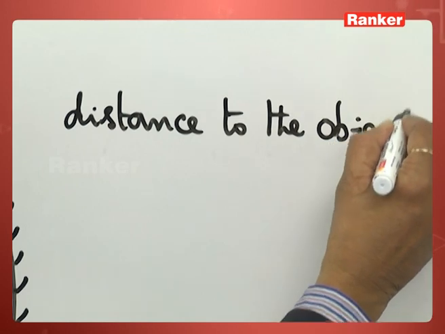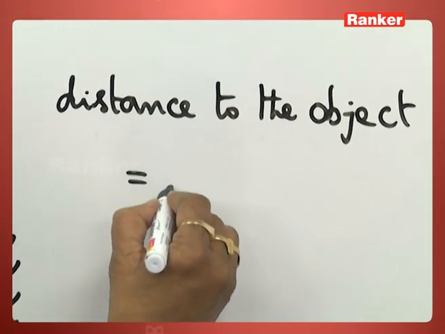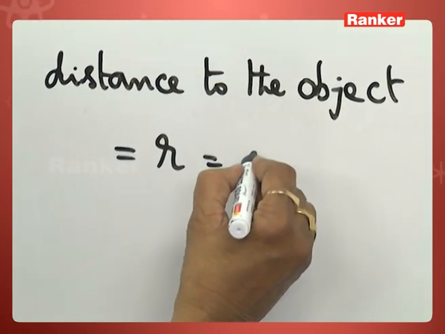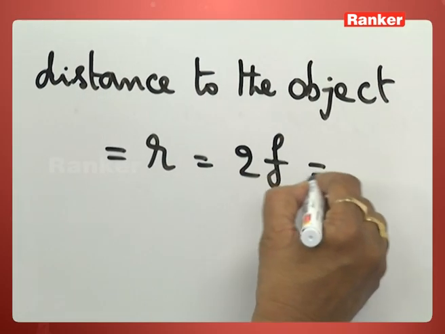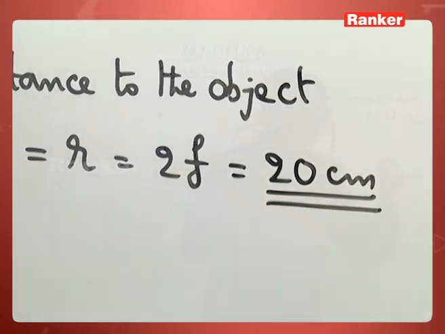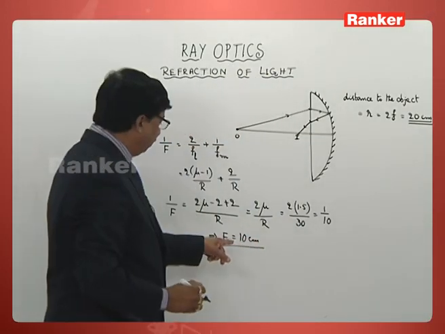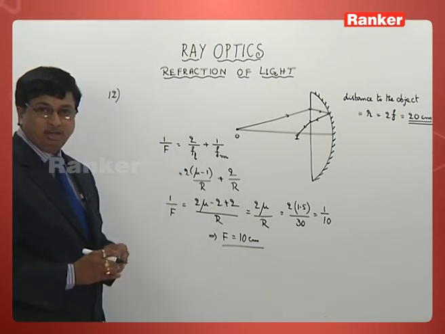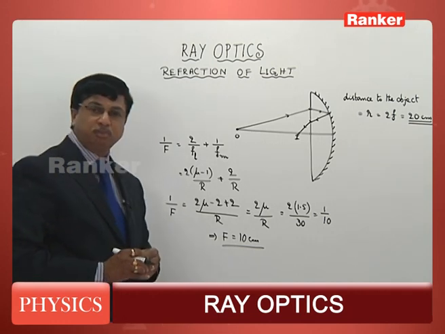This distance now should be equal to the radius of curvature. Radius of curvature is nothing other than twice the focal length. So it now should be 20 centimeter because the focal length is already calculated as 10 centimeter here. So twice 10 now becomes 20 centimeter.